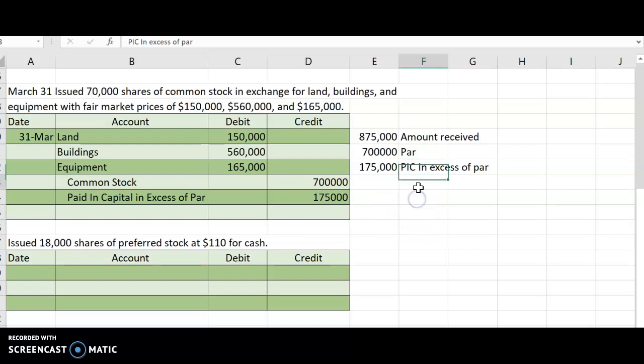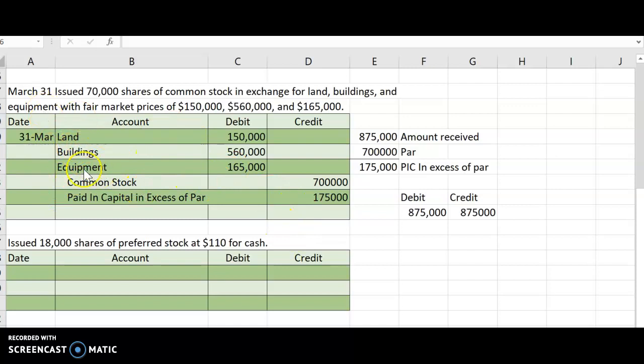Now, the debits and credits should balance. So let's see if they do. Let's sum all of our debits up, and then let's sum our credits. And so now you can see that our journal entry balances. So that's how you issue stock over par value.